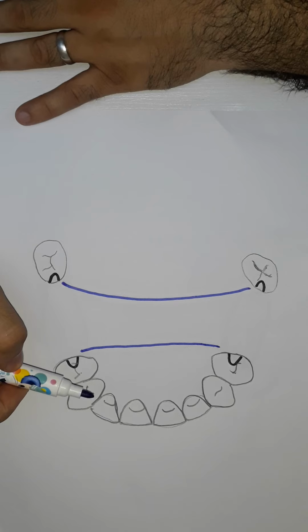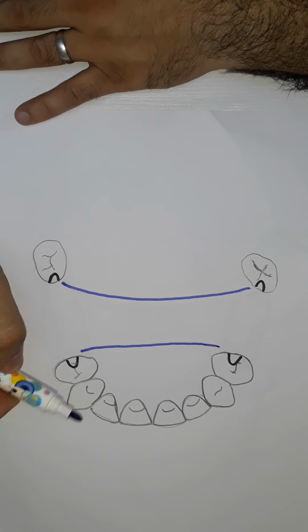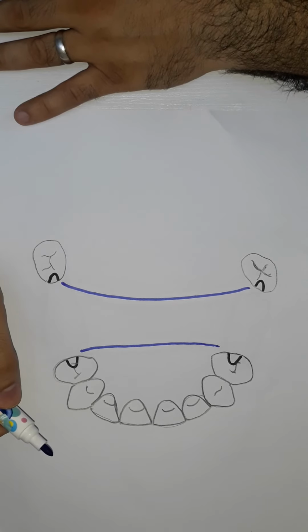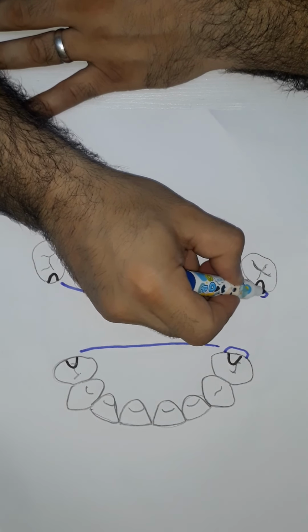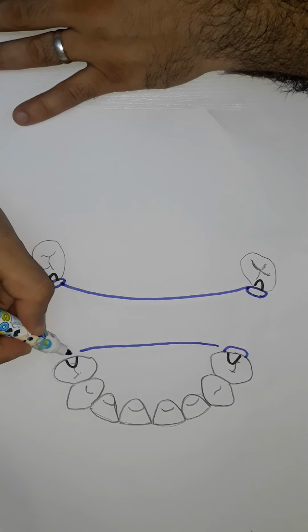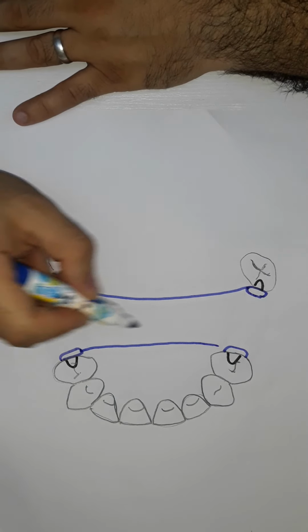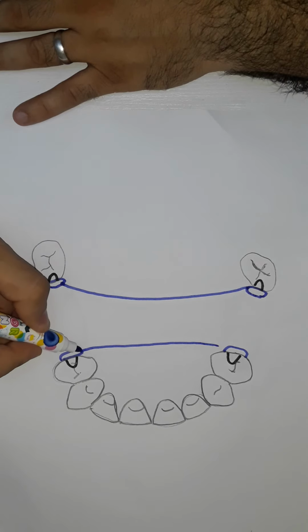So I am going to draw these components starting with the minor connectors. The first minor connector to draw is the proximal plate that connects the gridwork with the rests. Then draw the lattice form gridwork.